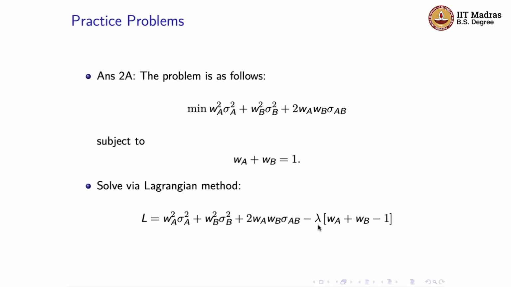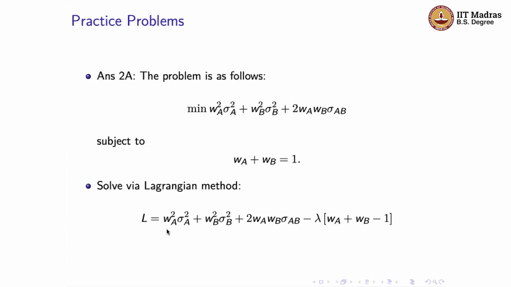So for instance, here we will do minus lambda times WA plus WB minus 1, right? This is a standard way of incorporating the constraints. Once we have the Lagrangian, we need to look at the first order conditions. The first order conditions would involve taking the derivative with respect to WA, WB, and lambda, and setting each of them equal to 0, right?